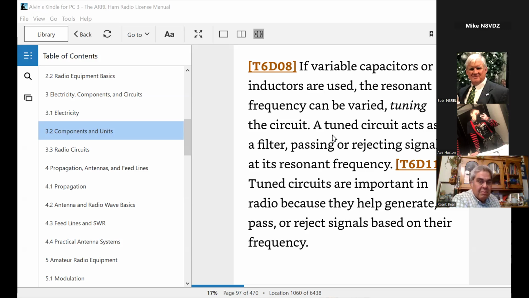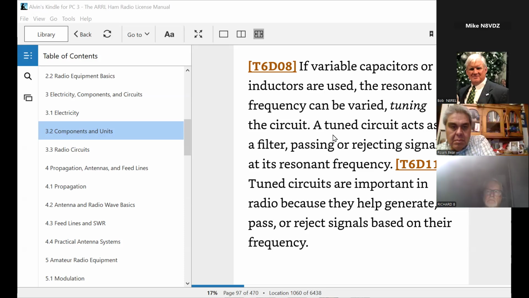One other thing. If a tuned circuit is in series, it will pass a certain frequency through. Now, if you put that tuned circuit, say, on your receiving antenna and make it go to ground, like here in Oak Park, I'm at the outskirts of town.